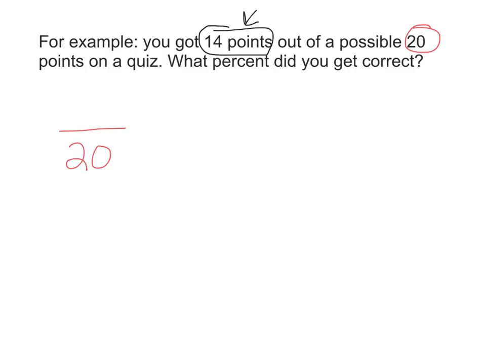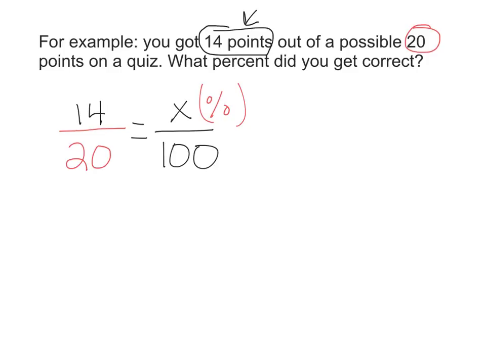You got 14, so that's 14 out of 20. And if we want to know what percent that is, we can set that equal to x out of 100. Now remember, in the last slide, I showed you that this top number out of 100 is the percent, and that's what we're trying to find, what percent this equals.